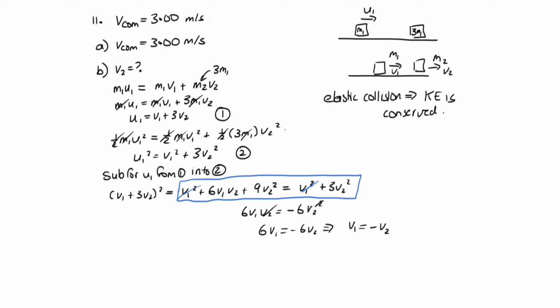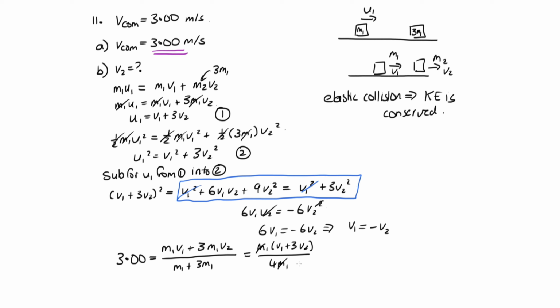Okay, now what I'm going to do is substitute this back up into my center of mass equation, which I had up here. So I can say, well, the speed of the center of mass, 3, is equal to m1 v1 plus m2, which is 3m1, v2, over the total mass, which is m1 plus 3m1. So this is equal to m1 times (v1 plus 3v2) over 4m1.